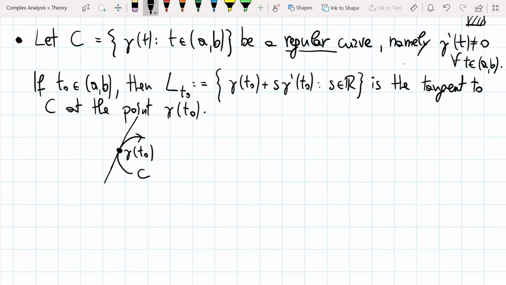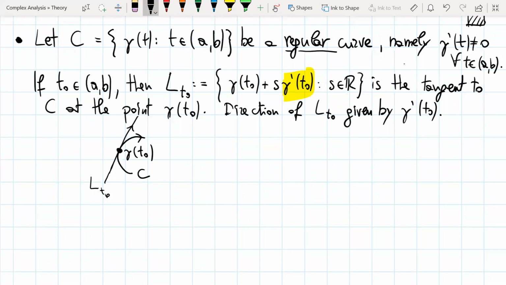This is the line L(t0). And you see this line has a direction which is given exactly by the derivative gamma prime(t0). So the direction of L(t0) is given by gamma prime(t0).